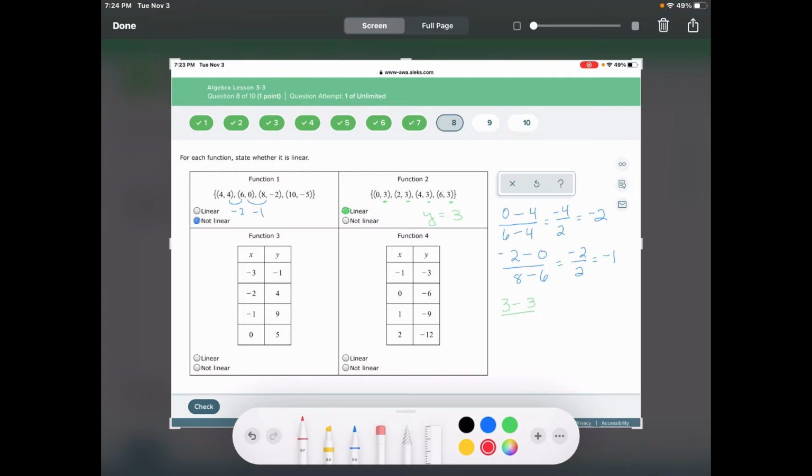Okay, so now let's look at this one. 4 minus negative 1 over negative 2 minus negative 3. That is 5 over 1. The slope is 5. And then 9 minus 4 over negative 1 minus negative 2.